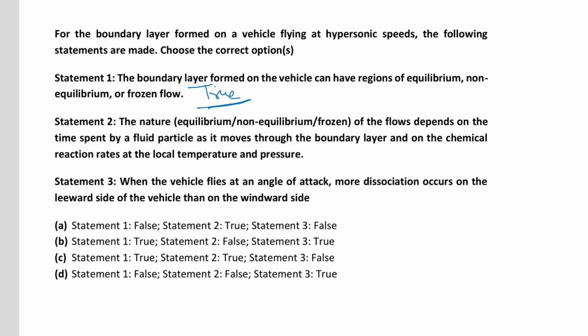If we see statement 2, the nature, equilibrium, non-equilibrium, or frozen, of the flow depends on the time spent by the fluid particle as it moves through the boundary layer and on the chemical reaction rates at the local temperature and pressure. So we already know that it depends on two times: tau f, the flow time, and the chemical reaction time.